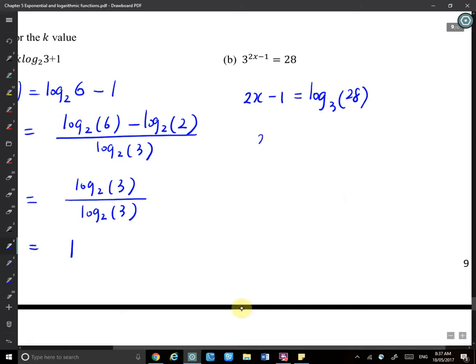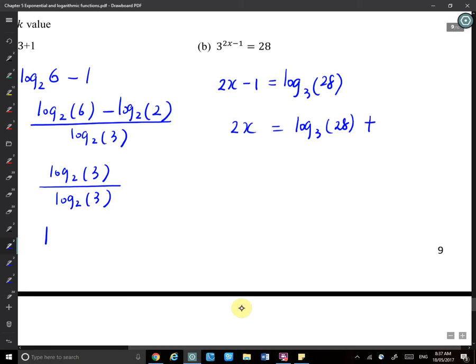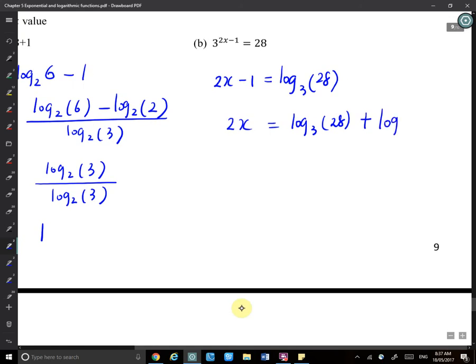And then you have 2x equals log base 3 of 28 plus 1. So plus 1, I can say that's log base 3 of 3 plus 1.